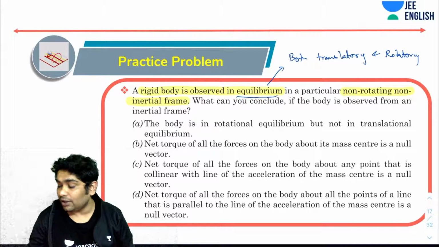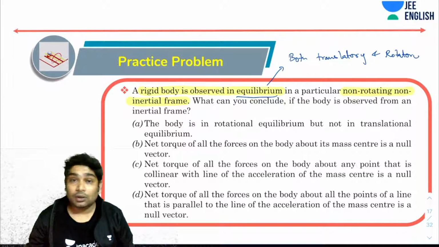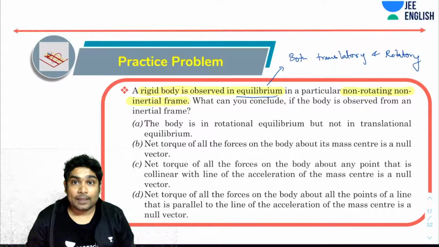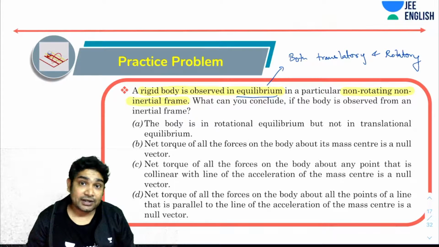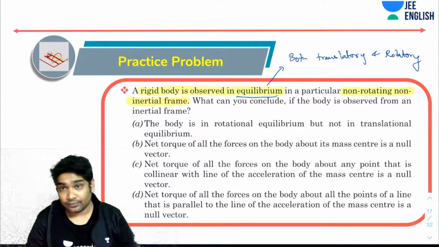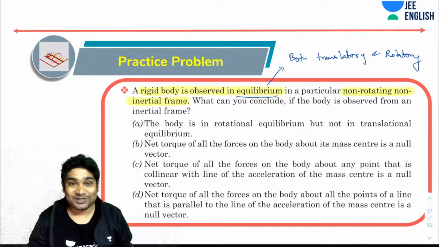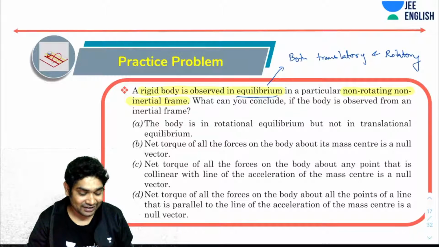Whenever you say a body is in equilibrium, then you mean to say that body has both the equilibriums, which means it has both translatory equilibrium as well as rotatory equilibrium. So now think about this problem and try to give me an answer.